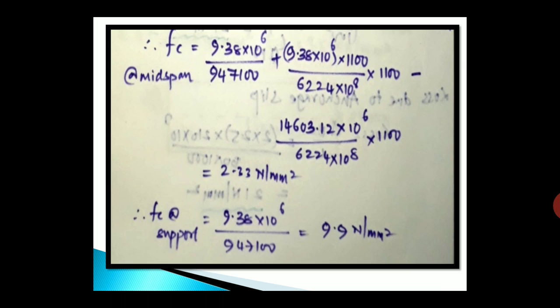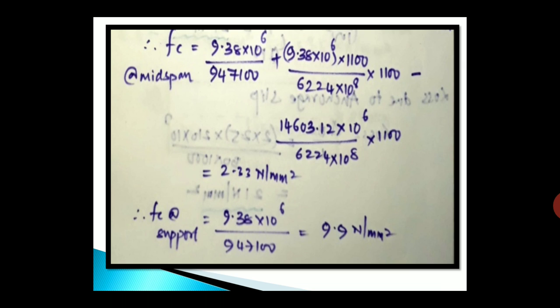So here this is the equation which is accounted for losses, same as we have done in the previous thing. 1100 we are using as e value, which is the given data. So by this we find the stress at the midspan as 2.33 Newton per mm square.